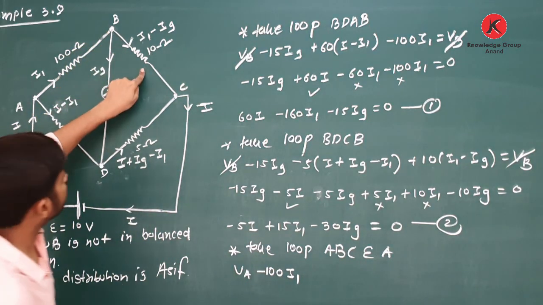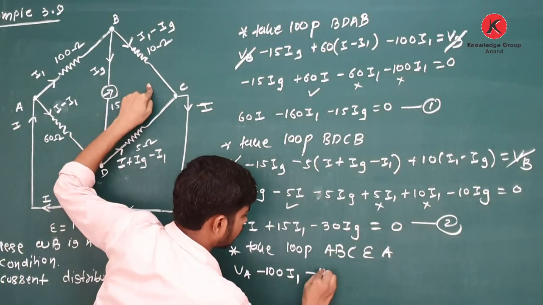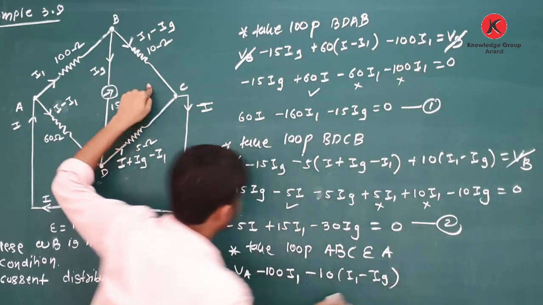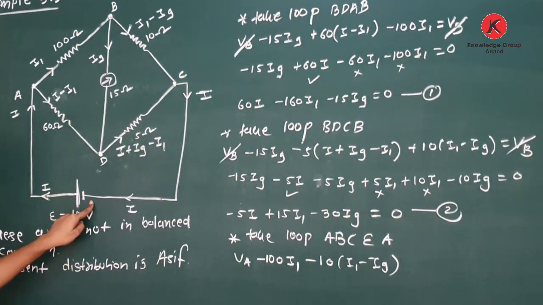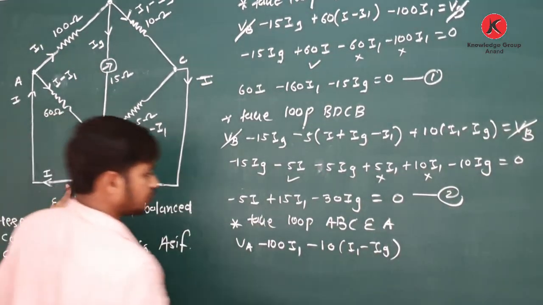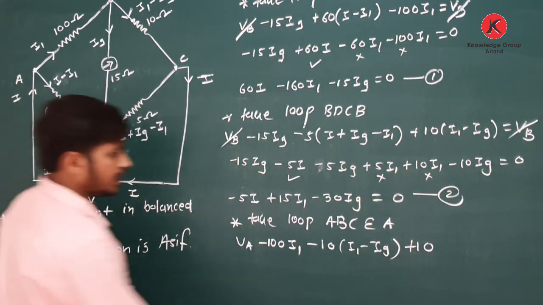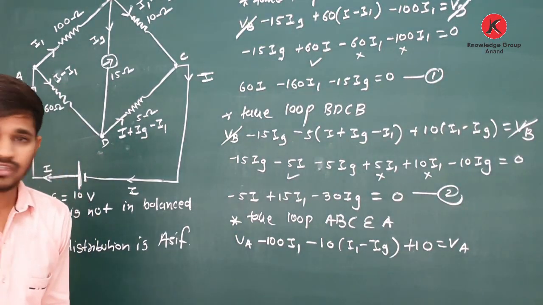Then B to C in this direction, 10 ohm, I1 minus Ig in direction. Then it is minus 10 times I1 minus Ig. Then the cell of EMF 10 volt, negative terminal to positive terminal means it is plus 10. Then again at point A, that is equal to 0. Clear about this?